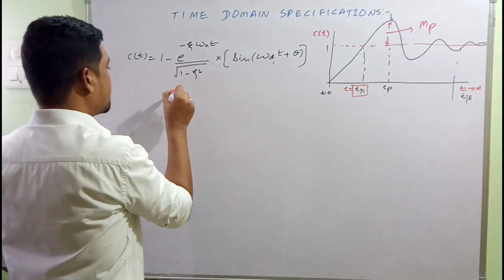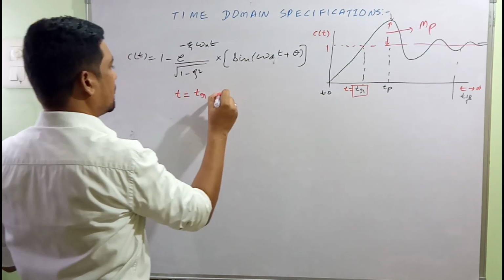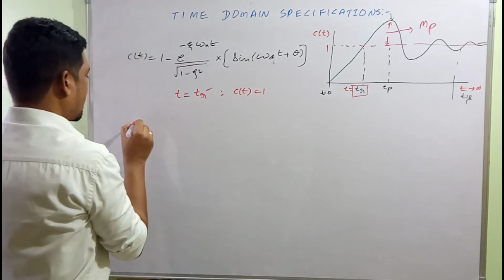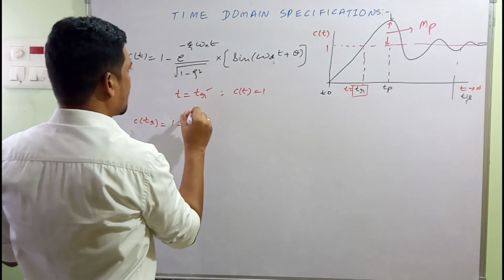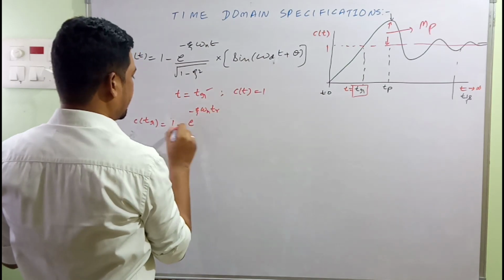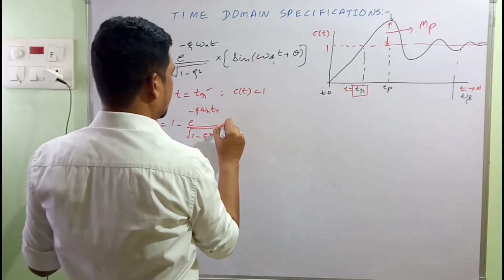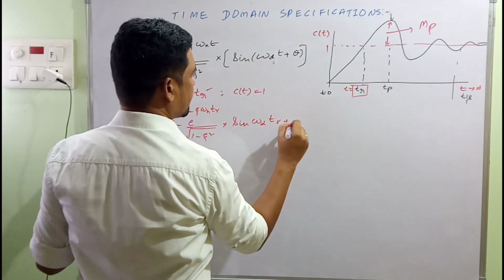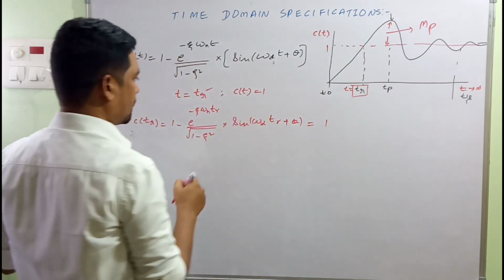So c(tr) = 1 - e^(-ζωn tr)/√(1 - ζ²) · sin(ωd tr + θ), wherever we have t it is plugged in with tr, and this is equal to 1 according to the definition.